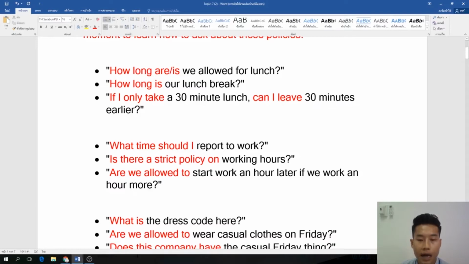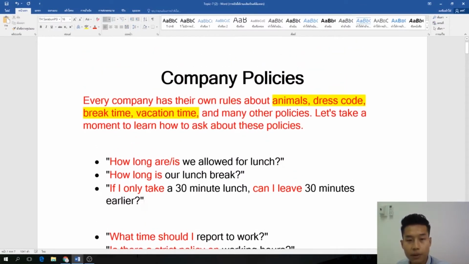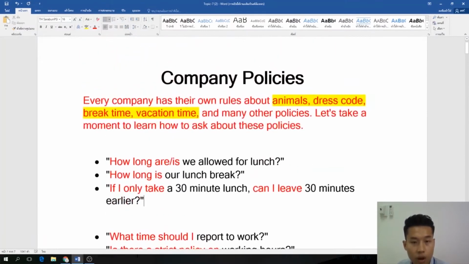Even if you don't want to say report, you can add other words. What time should I go to work? What time should I submit my work? You can ask any situation, but remember in this case we are asking about the company policy, right? This is more important.